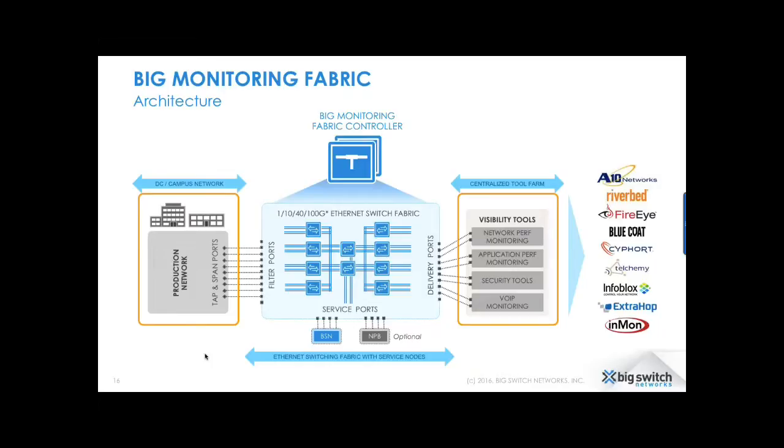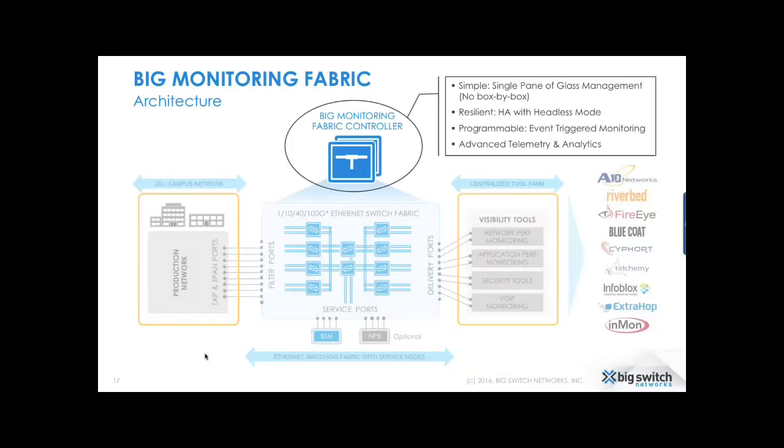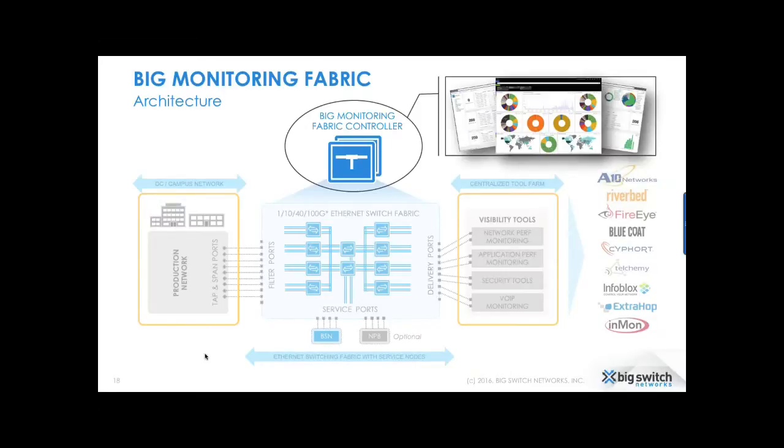Now with release 5.5, if you look at the three key components that form the Big Monitoring Fabric architecture, we've made enhancements at the controller layer, we've made enhancements at the switch infrastructure fabric layer itself, and finally at the bottom layer where the advanced services are being provided. So as I mentioned earlier, the Big Monitoring Fabric controller has a simple programmable interface.